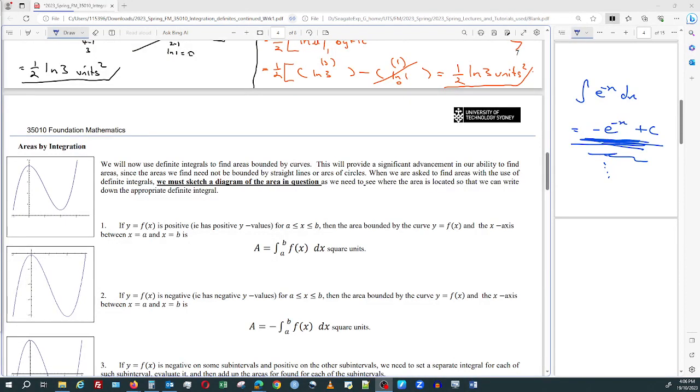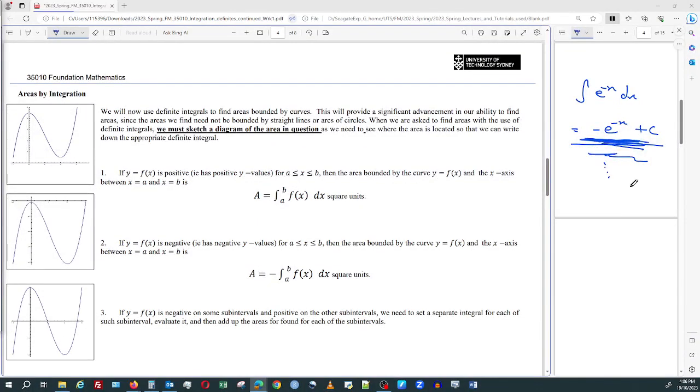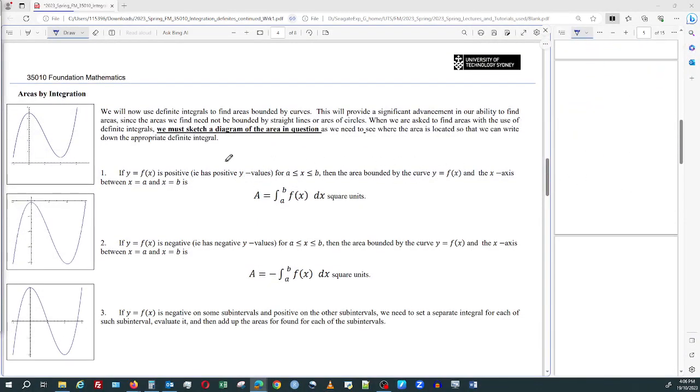All right, welcome back. So we're having a look at areas because we've been doing areas, I know that, but there's just a few ideas that I want to fill in. So the first thing to consider is that when we find areas, we're finding them with regard to the area under the curve.